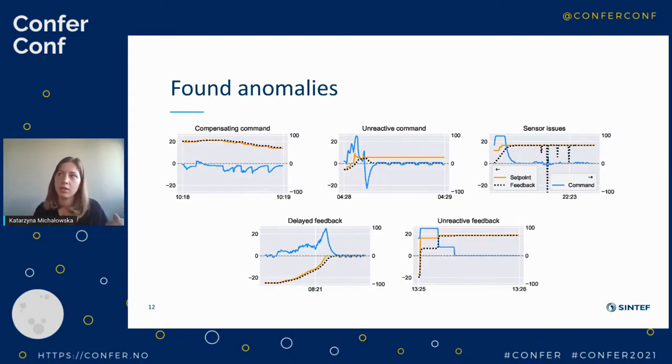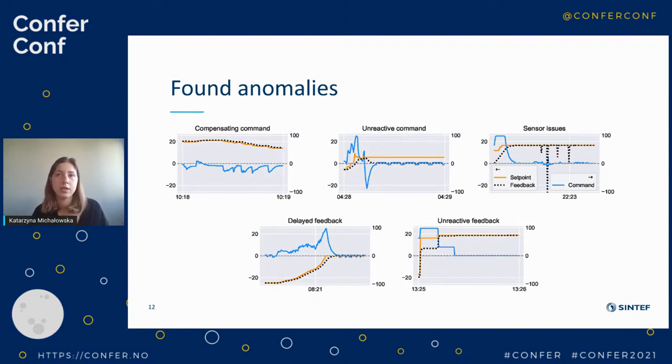After that, the third one was to detect sensor issues, in which the feedback, so the measured value of the pitch, was actually changing so fast that it's not feasible physically, because this is a physical process to adjust these blades.